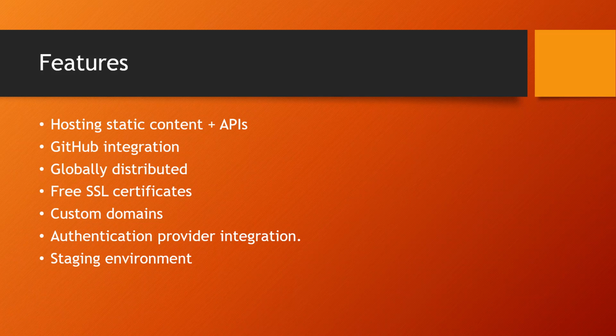It also has custom authentication. It has integration with the usual authentication providers offered by Microsoft, like Azure Active Directory, Facebook, Google, and all. It also has a very good feature for staging environments. Unlike the deployment slots for app services, this one has something to let you test your changes.